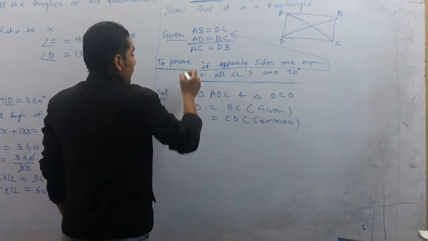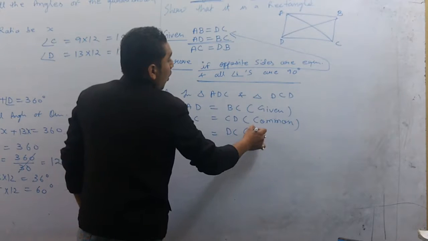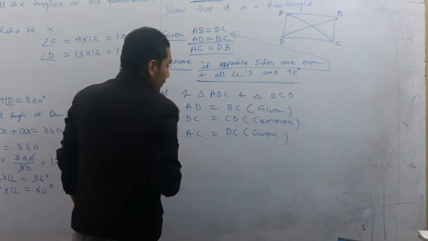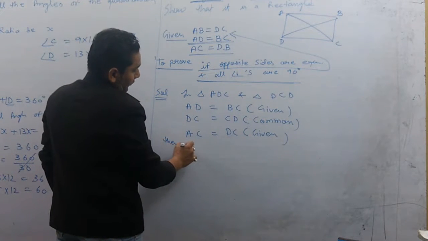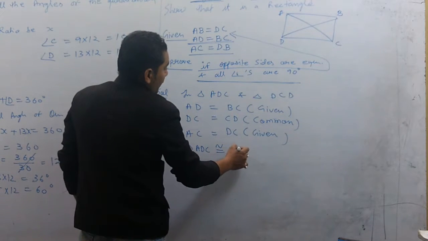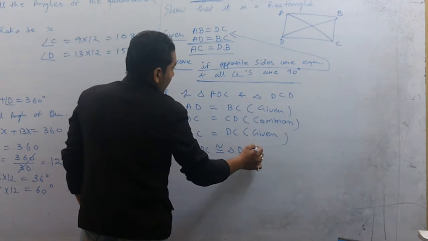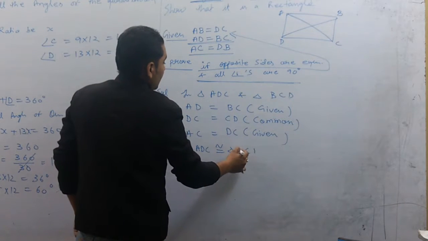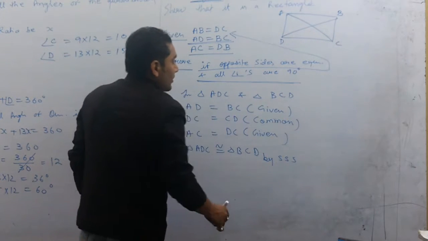Third thing, AC is equal to DB, also given in the question. Then triangle ADC is congruent to triangle BDC by SSS congruency criteria.